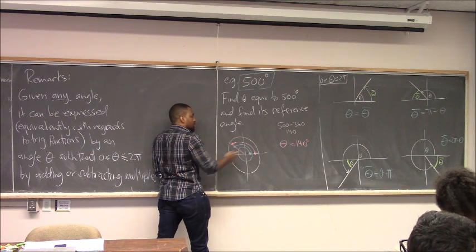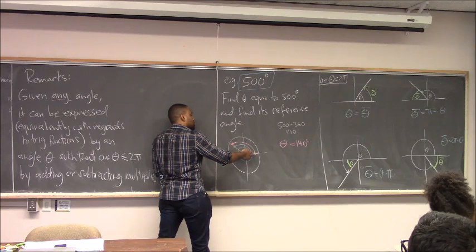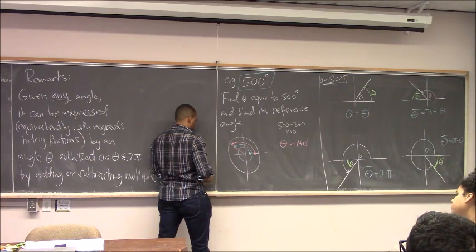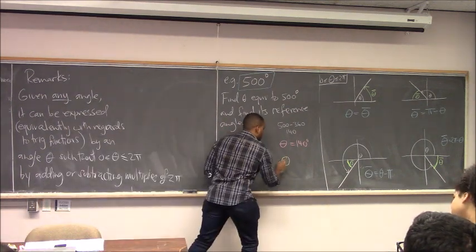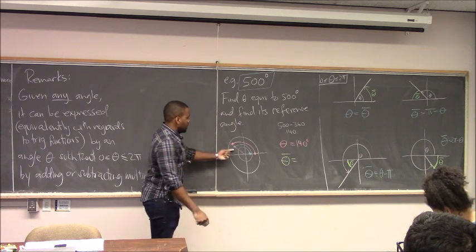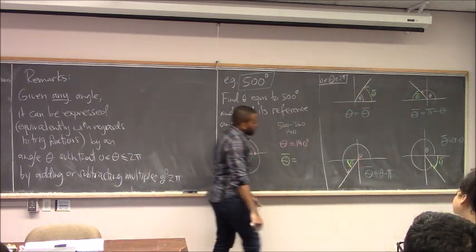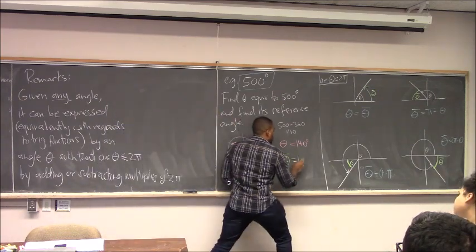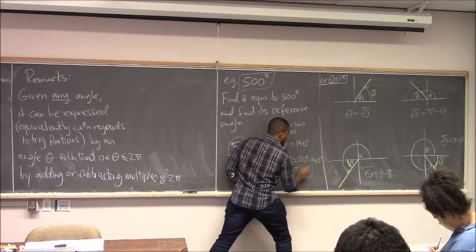That being said, here's a value that is larger than 90 degrees. I actually want the reference angle to that. So what would the reference angle be here? Well, this clearly ends up in the second quadrant, so I'll simply take pi minus that. So it's 180 degrees minus 140 degrees, which is 40 degrees.